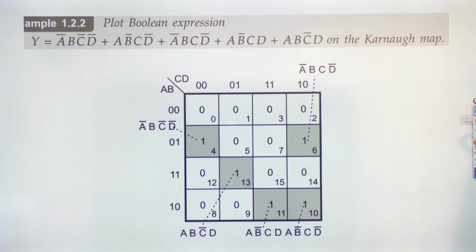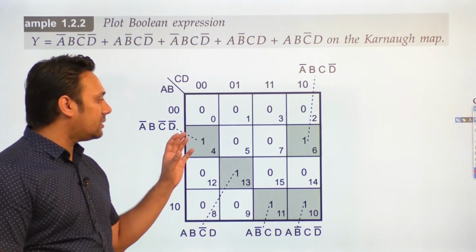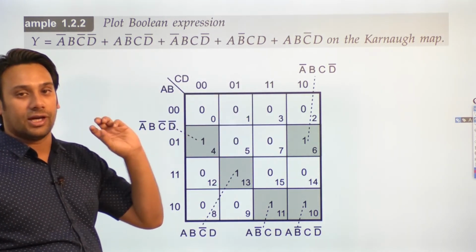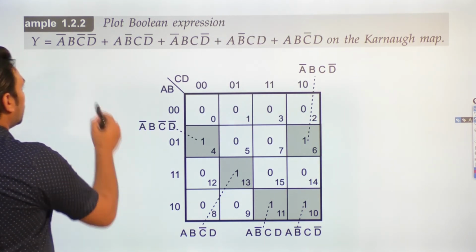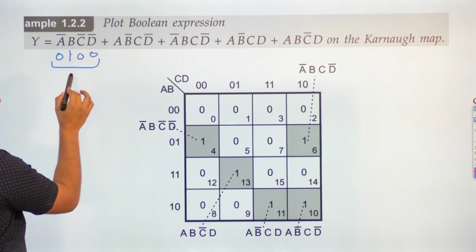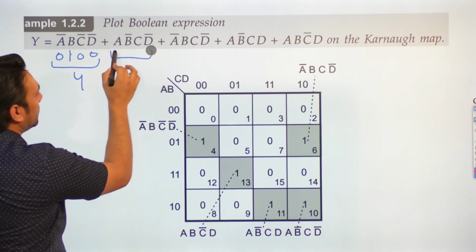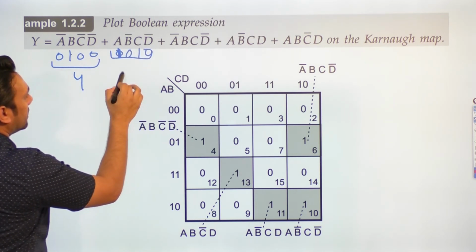Now again this is a 4 variable K-map. तो यहाँ पर आपके पास 4 variable K-map है. Now this is again something easy, you can understand how you can fill this table more easily. कैसे fill कर सकते हैं? So this one is representing 0, 1, 0, 0, that is the value 4. This is 1, 0, 1, 0, that is 10.